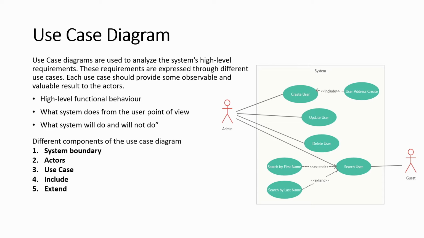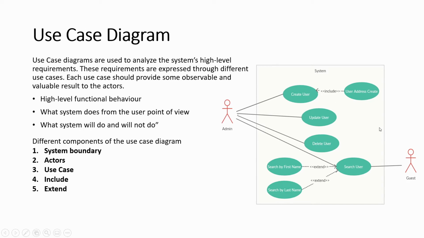All right, so a use case is nothing but a discrete functionality given in the problem at a high level, and then we split it into different small requirements. Include is nothing but one use case having a call to another use case. So if we create a user, then at the same time we also create a user address, right? Here, create user includes creating an address for that user.